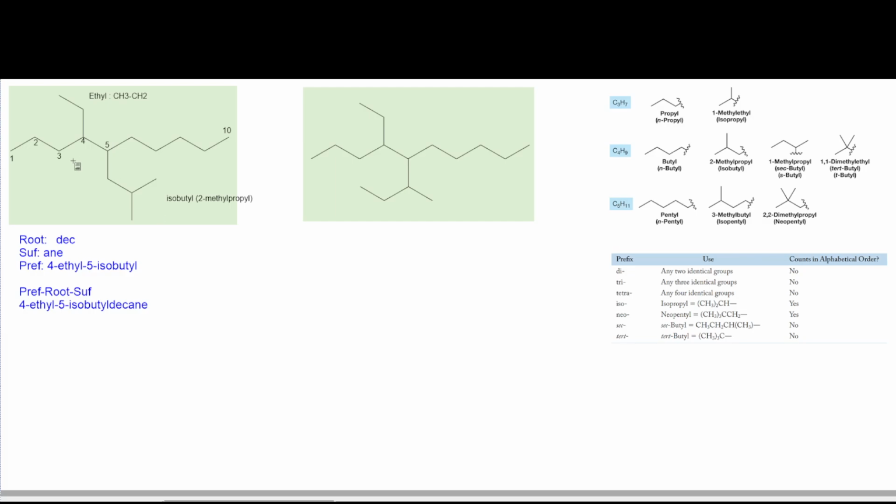So let's number these first: 1, 2, 3, 4, 5, 6, 7, 8, 9, 10. The name of this particular group is ethyl. Here it's a sec-butyl.